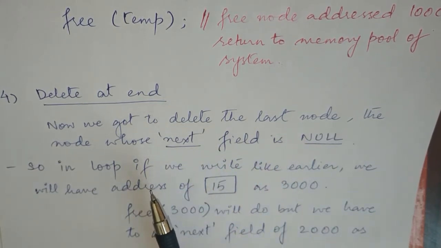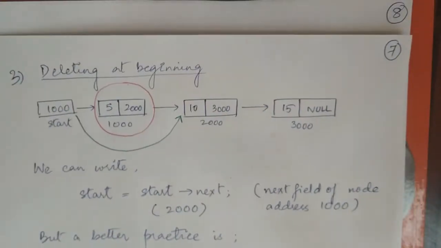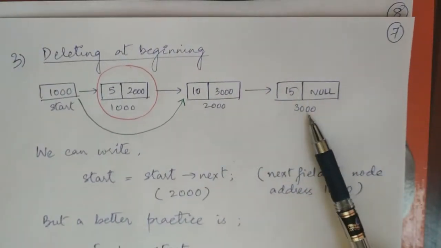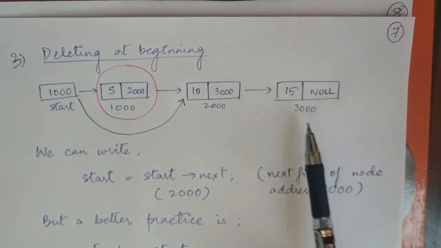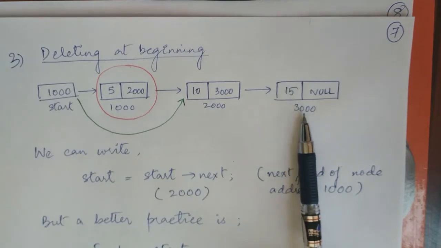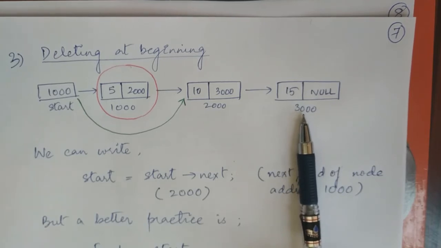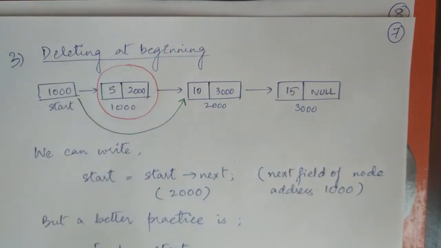But if we have to delete this node 15 here, you cannot be at 15 and delete 15, in the sense that if you remember the example, when you cut the branch of a tree, you don't sit on the side of the branch which you are cutting. You sit on the inner side and then cut the branch so that it falls off.